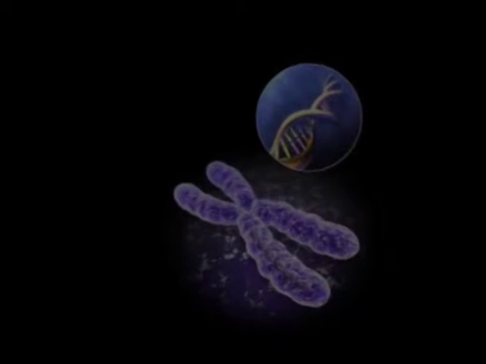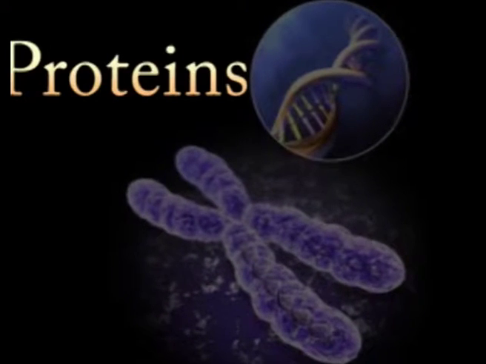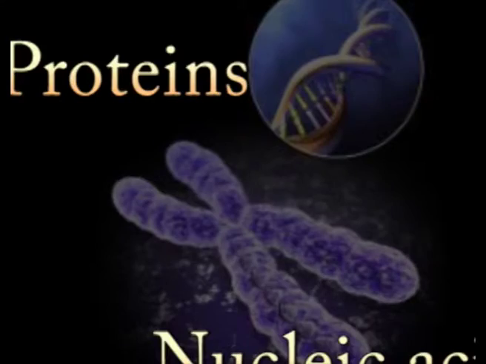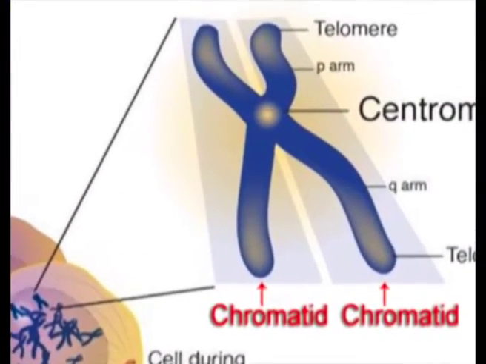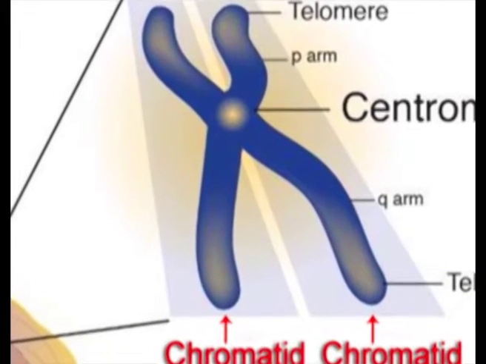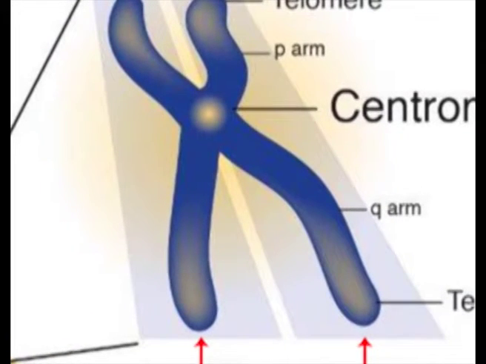Now, coming to the makeup of chromosome. Chromosome is made up of proteins and nucleic acid, that is DNA, deoxyribonucleic acid. And structurally, chromosome is made up of two chromatids.